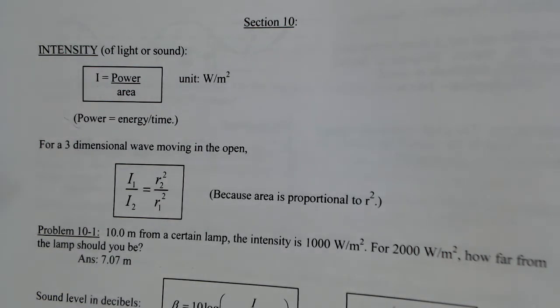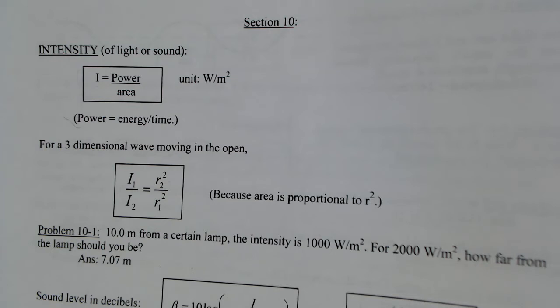Before we get to that, the way that loudness drops off, well, not just loudness, this could be the intensity of light. It behaves the same: any kind of a wave that's spreading out in 3 dimensions drops off as the inverse square of the distance. And actually not even waves.